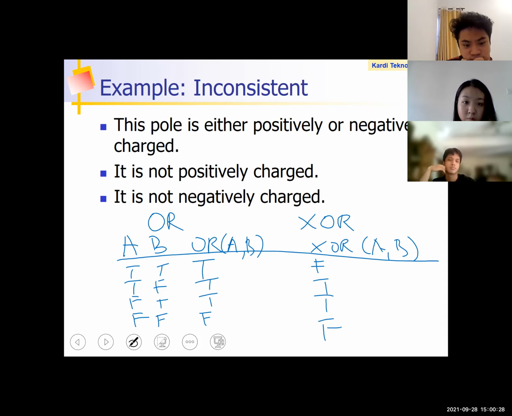So in this case, this pole is either positively or negatively charged. And then you say this is inconsistent because it is not positively charged, it is not negatively charged. So what is this? This OR in here represents actually exclusive OR.